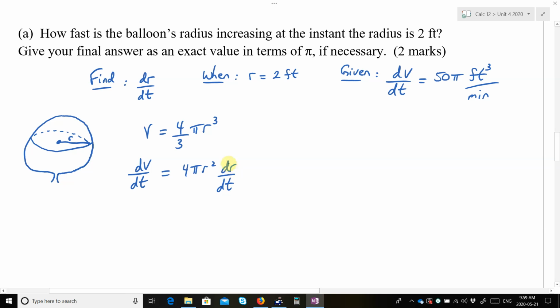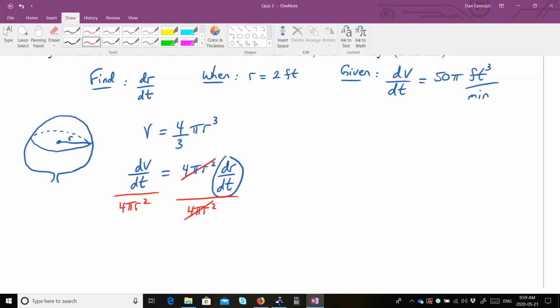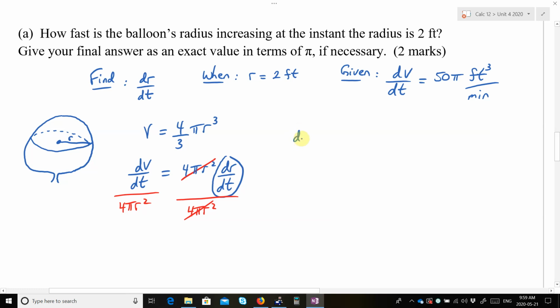And we want to find dr/dt, so we're going to have to divide both sides by 4 pi r squared. dr/dt is equal to dV/dt divided by 4 pi r squared.